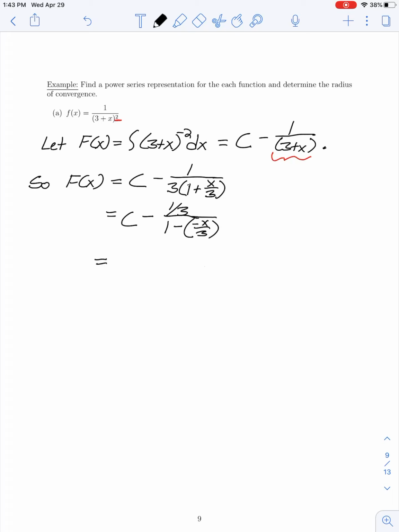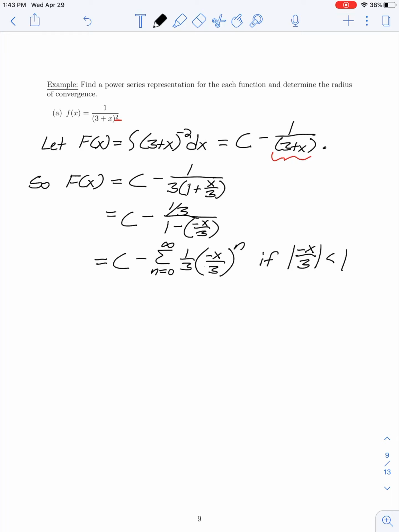So we can rewrite this as some constant c minus the sum from n equals 0 to infinity of a, which is 1/3, times our ratio, which is negative x over 3, raised to the nth power. And I can do this as long as the absolute value of that ratio, negative x over 3, is less than 1.